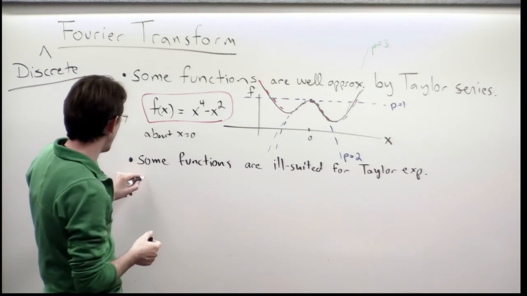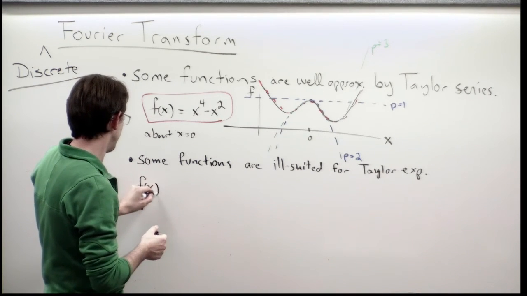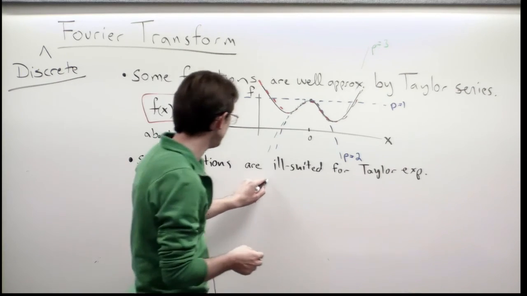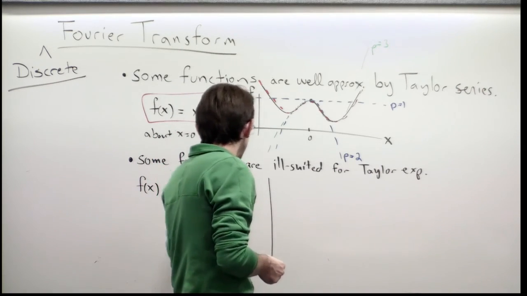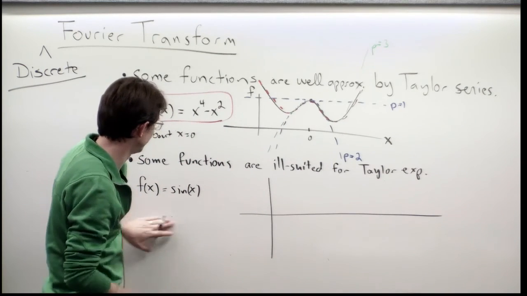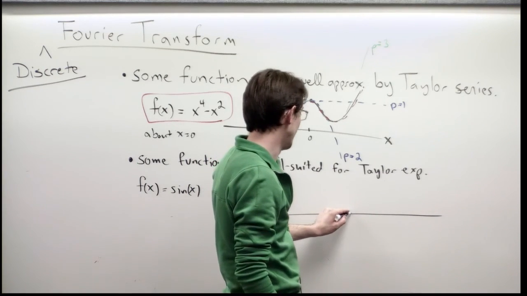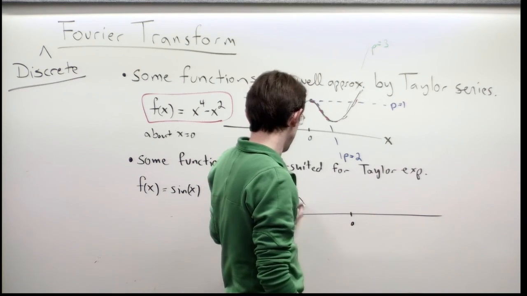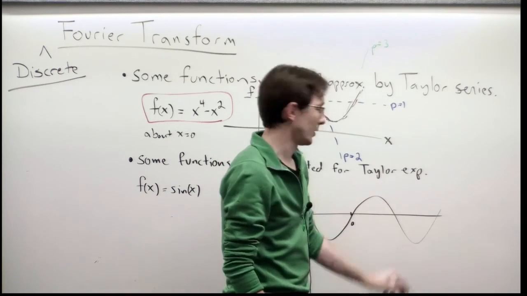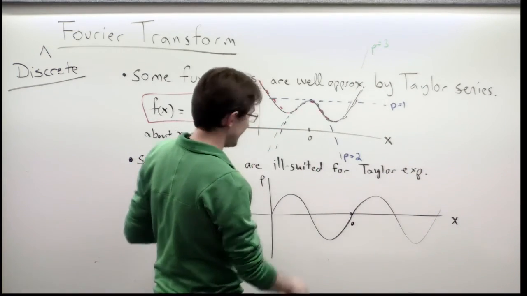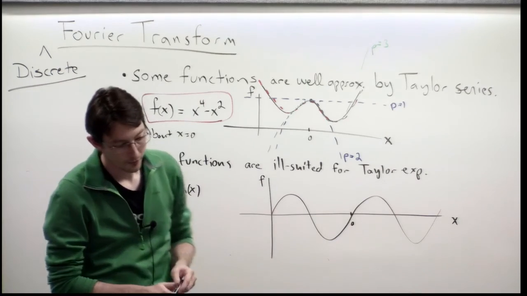So let's try f of x equals sine x. Here I'm going to have something similar. Maybe this is 0. Okay, that's a sine wave. X, f, sine of x.